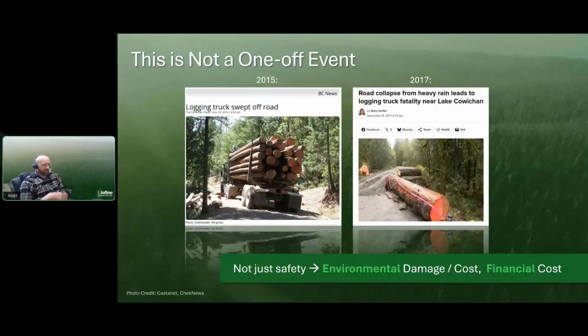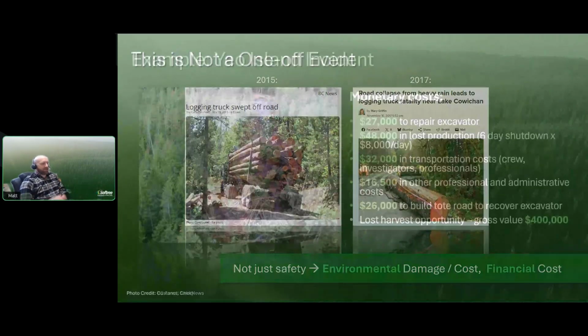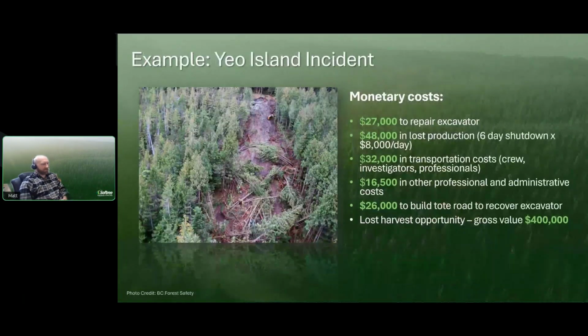And then I think it goes without saying that there's a financial cost. Obviously, the cost of life outweighs everything else, but all of these incidents have some element of cost associated with them. And here, I believe this is a BC Forest Safety Council example, an example where the operator was in a construction-initiated landslide.